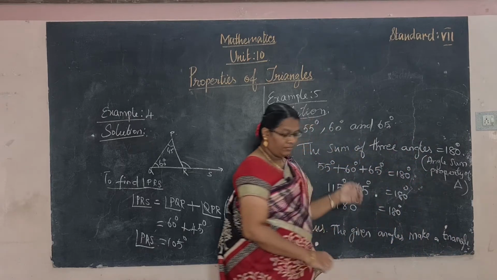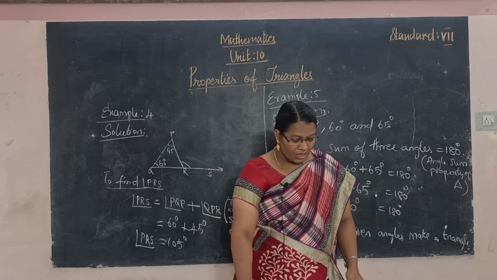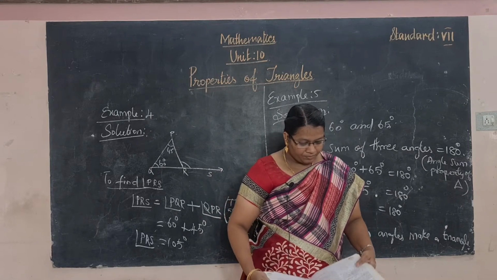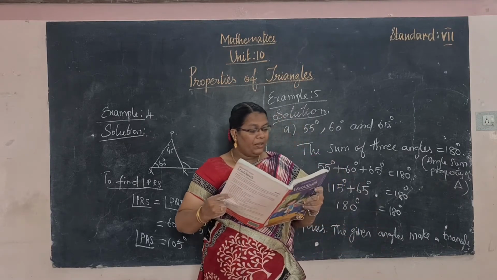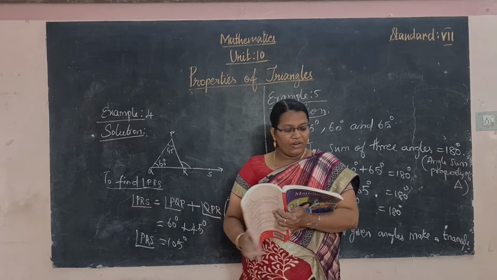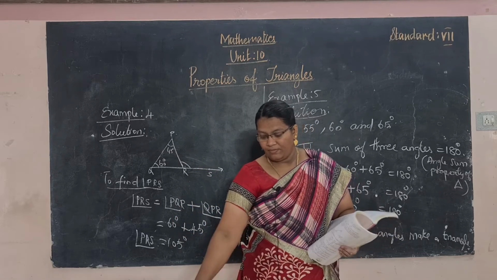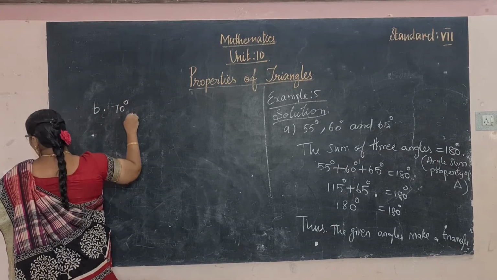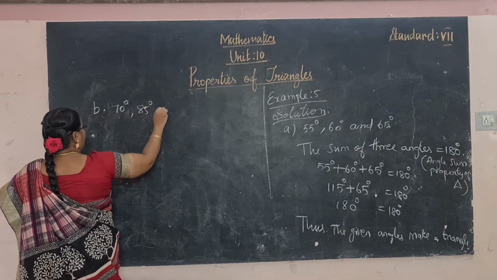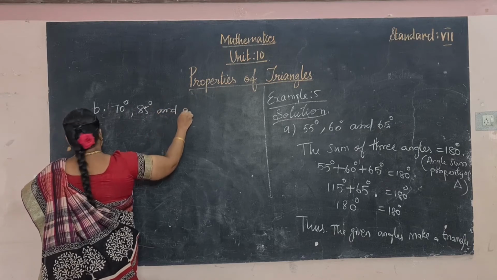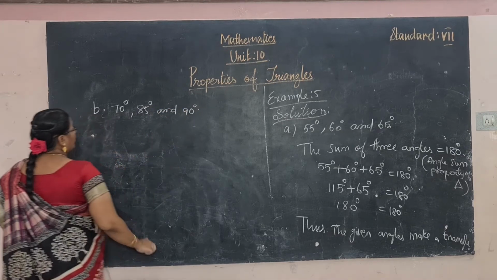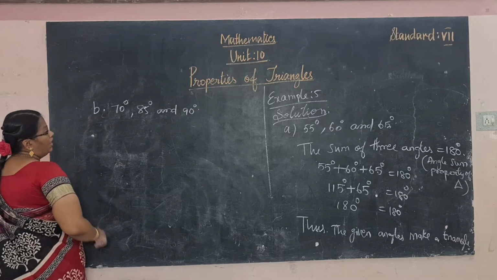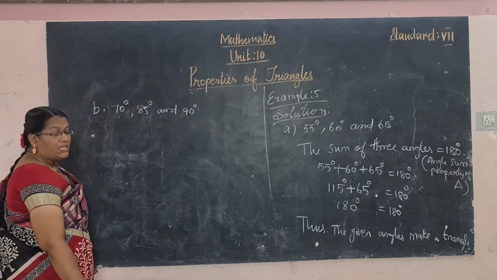Okay, and next one, B problem: 70 degree, 85 degree and 90 degree. So here also we verify using the angle sum property.